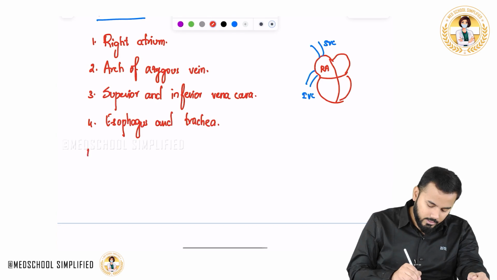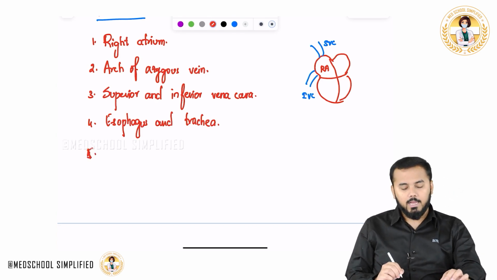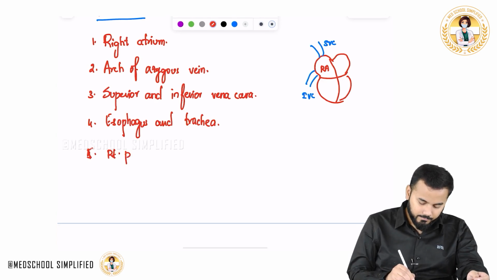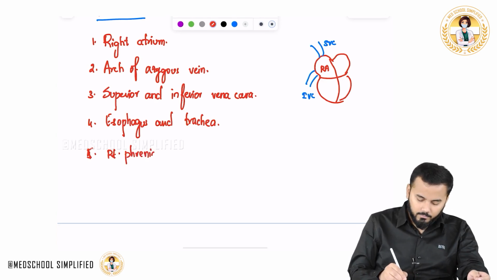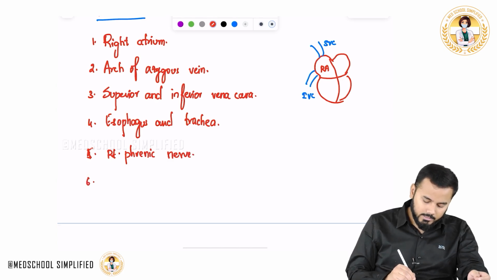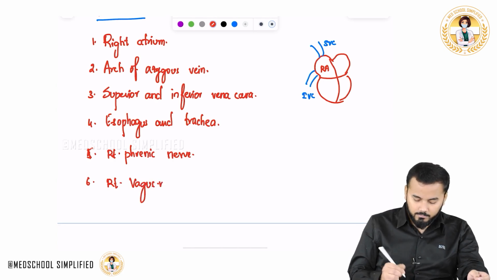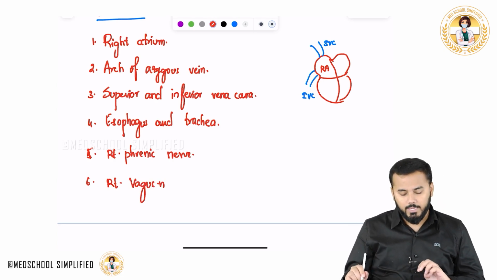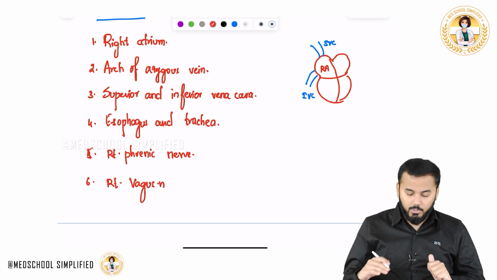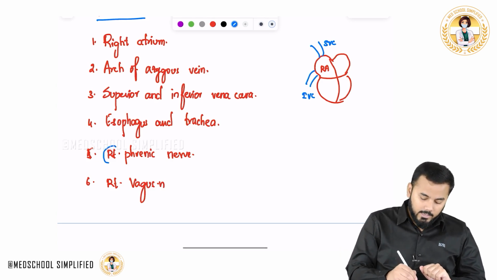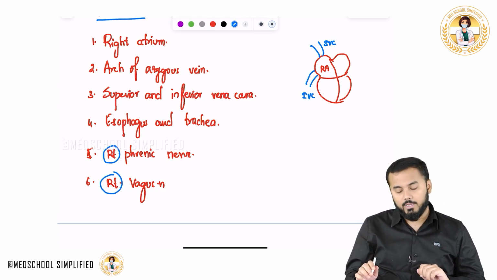And the fifth important thing, the last one, R. R stands for obviously right phrenic nerve, and another R here stands for right vagus nerve also. Because we have left phrenic nerve and left vagus nerve on the left side, here we have right phrenic nerve and right vagus nerve, right?